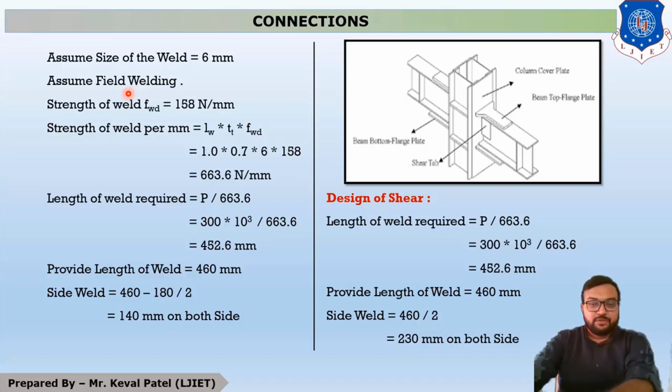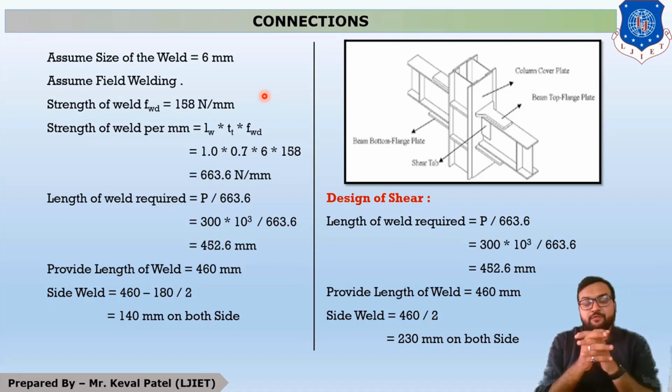Now first of all, we have to find out the minimum length of weld per meter length, so the strength of weld per mm. It is Lw into Tt into fwd. Students, this equation is given on page number 80. The equation is in the form fwd is equal to P by Lw Tt. So making P the subject, the equation is Lw into Tt into fwd.